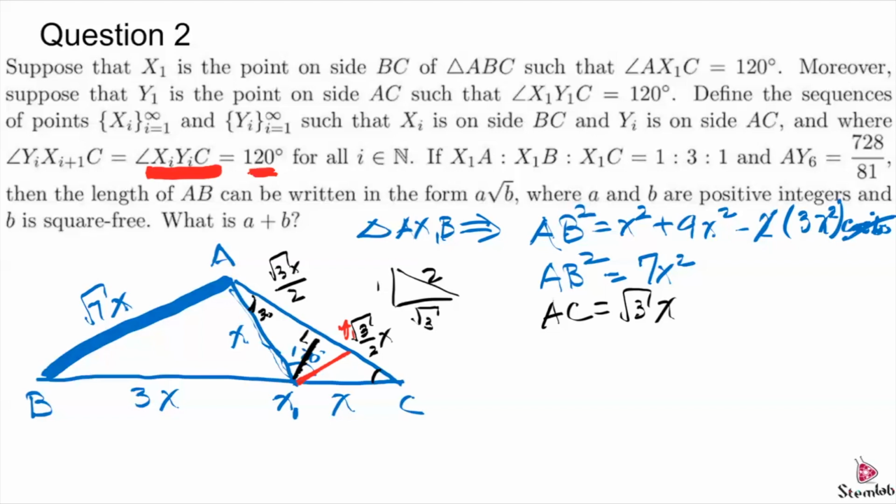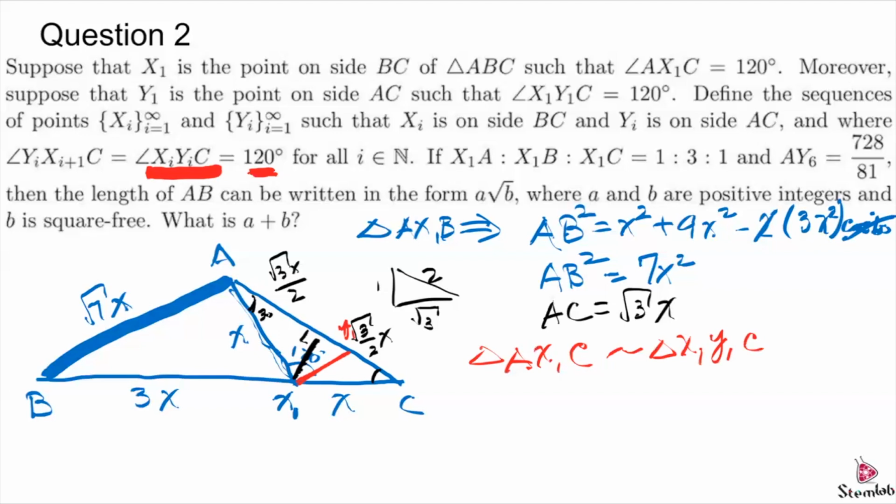So it's a similar triangle to triangle AX1C. It's actually similar to triangle X1 Y1 C. And the ratio of the sides is basically root 3.